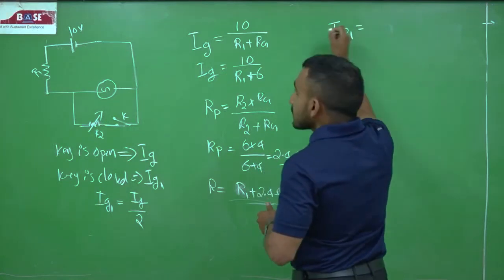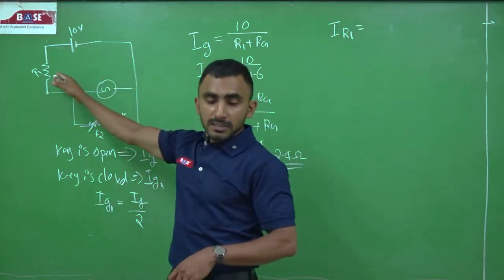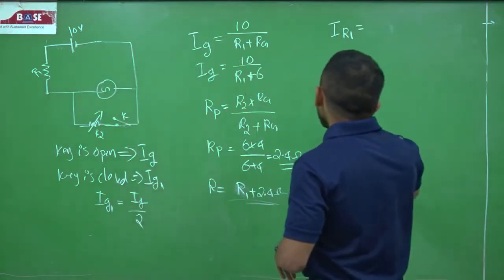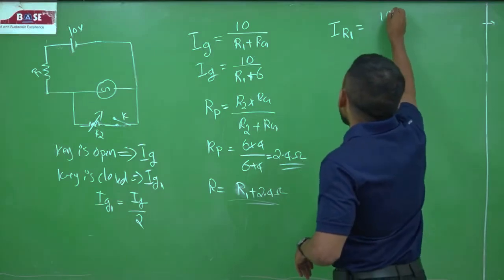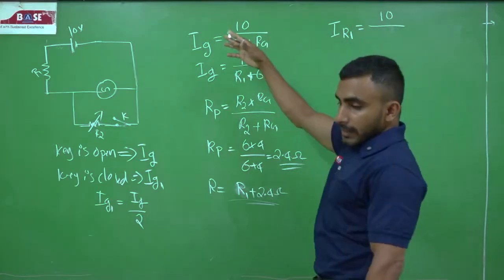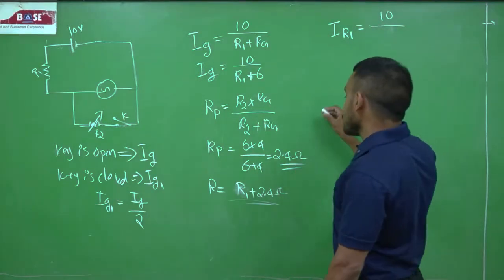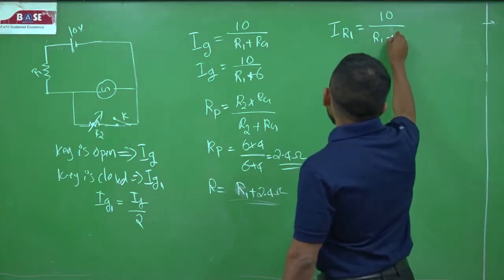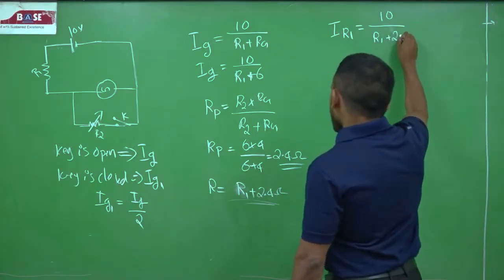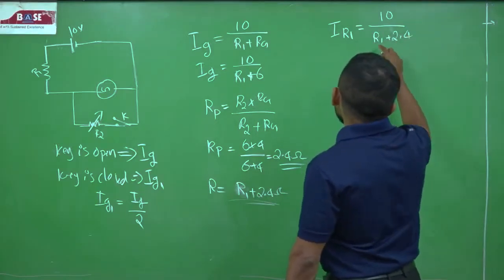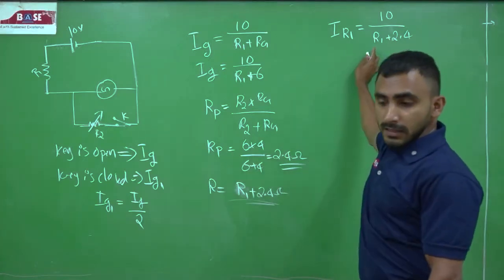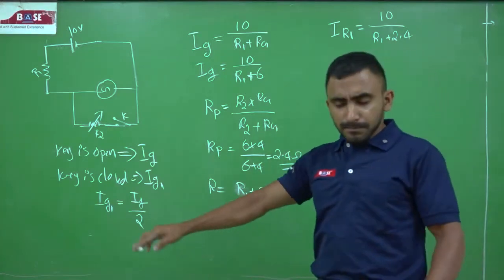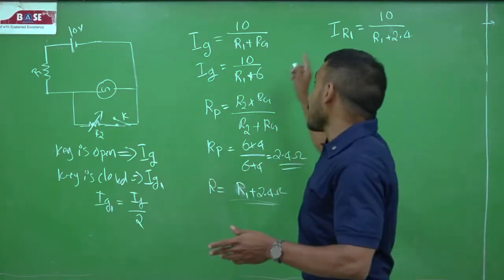Let's say IR1 is the current through the resistance R1. That will be equal to the EMF of the battery divided by the total resistance, that is 10 divided by R1 plus 2.4 ohm. If we are able to find R1, then we can get the value of IR1.